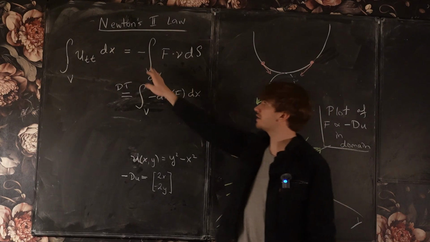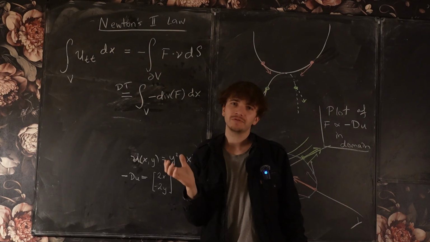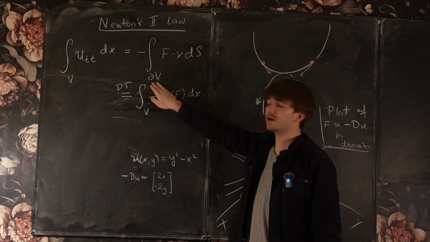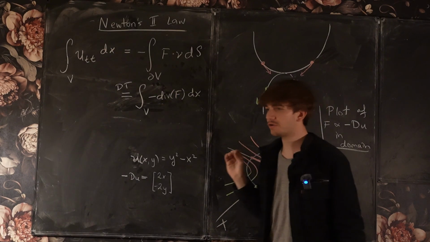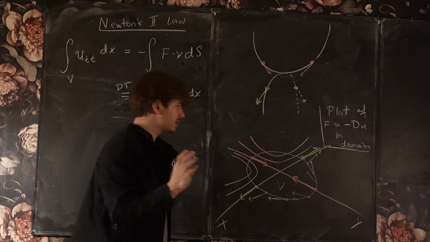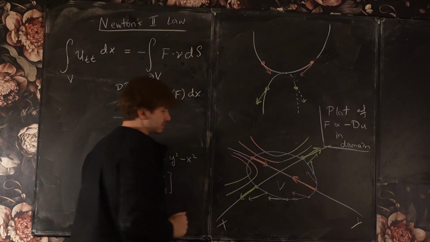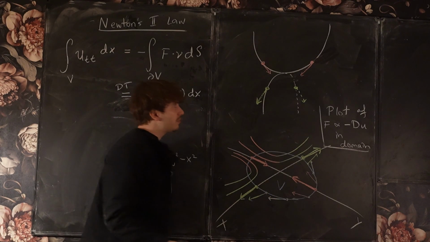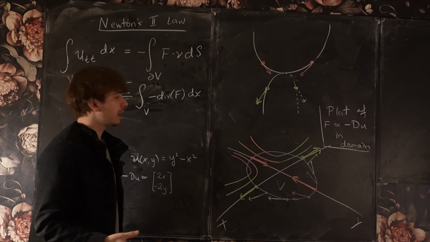With the negative sign, this is the net inward flux. So the net inward flux into the surface V across this boundary of our force field is going to produce our acceleration. So if you look at the net inward flux for this example, well, the net inward flux is going to be something close to 0.